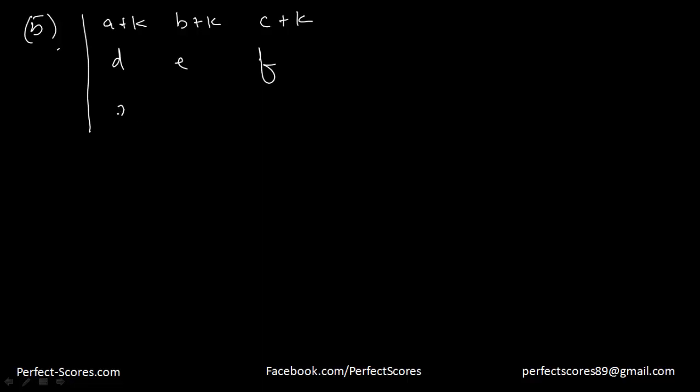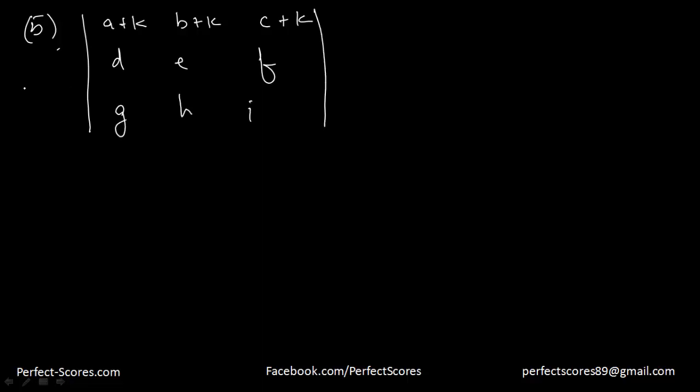Let's move on to the next property, which is property number 5, which states that if I, let's suppose, have a determinant, let's suppose this is a plus k, this is b plus k, and this is c plus k, and we have these elements d, e, f, and we have g, h, i.